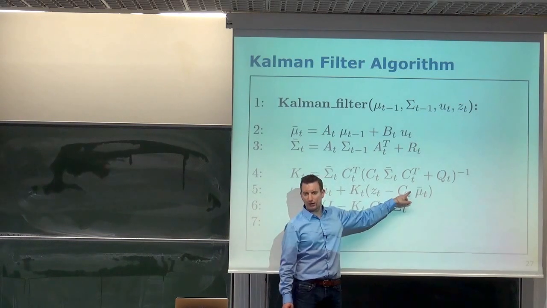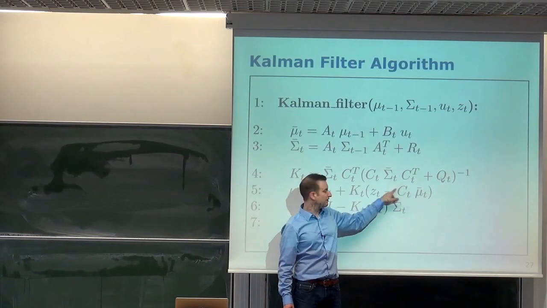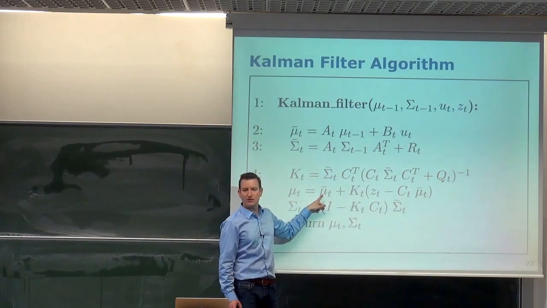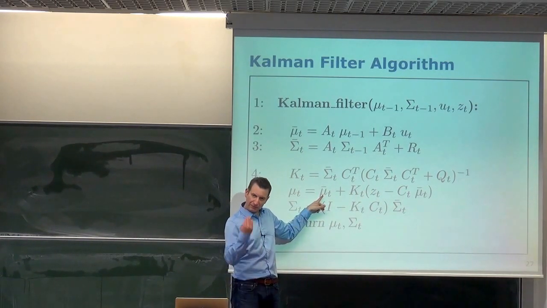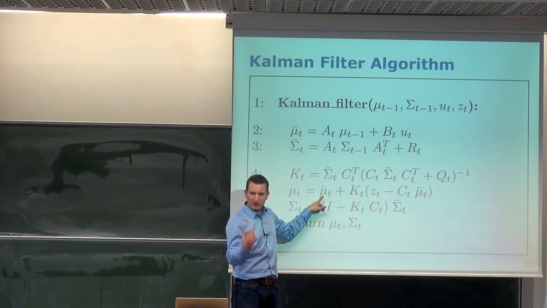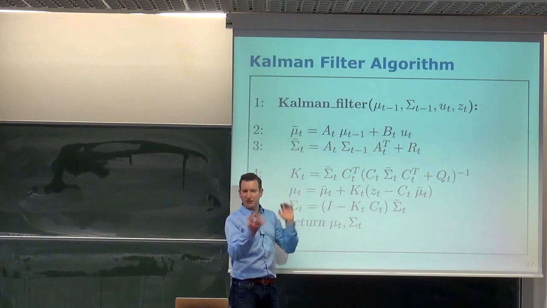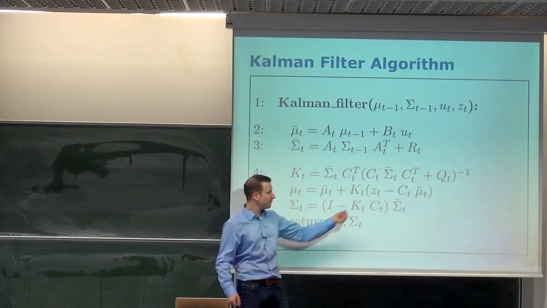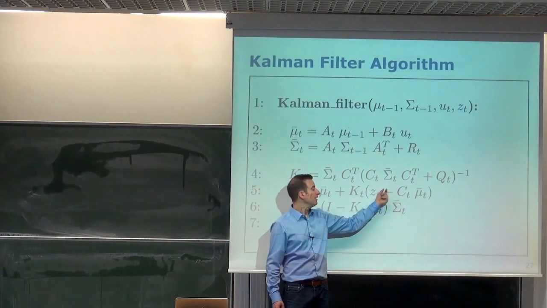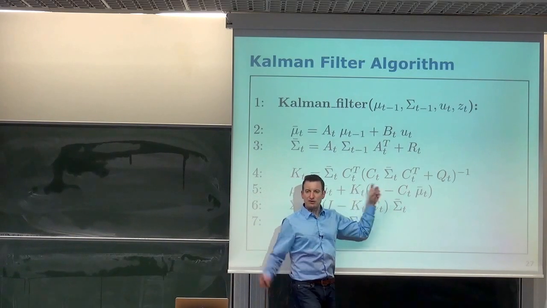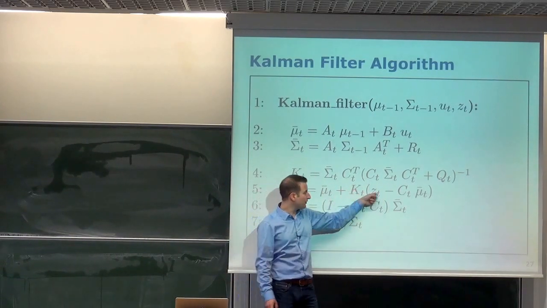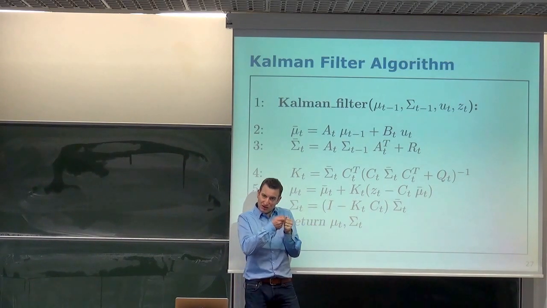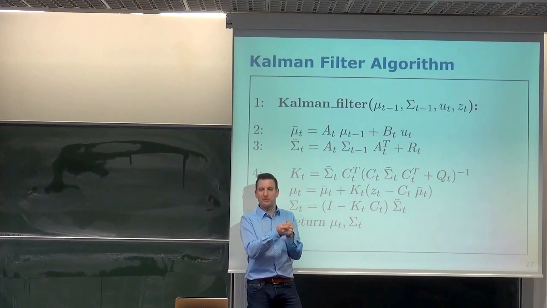If they are equal, they're perfectly the same, this term will be 0, and I end up just with my predicted mean. So if at the position of the predicted mean, what I'm expecting to observe and what I observe fits perfectly, I don't change my mean. If there's a difference in here, then there's a certain innovation, it's also sometimes called, made to the mean estimate. So I change it a little bit into the direction of where the observation tells me I should be.